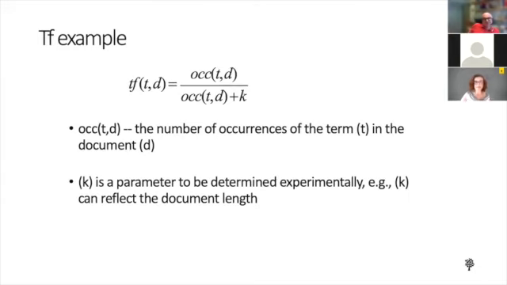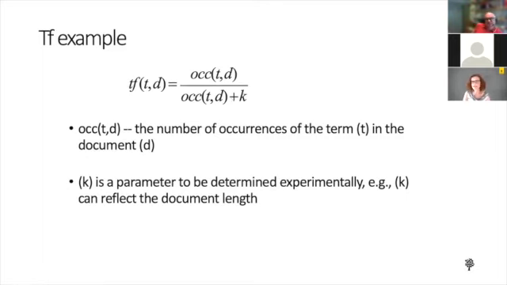But first, looking at the formula, the TF part of TF-IDF is really the number of times the term t appears in the current document divided by the same plus K. And K is a heuristically derived parameter, so a number that indicates something.